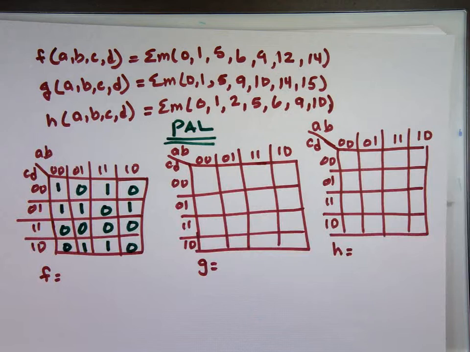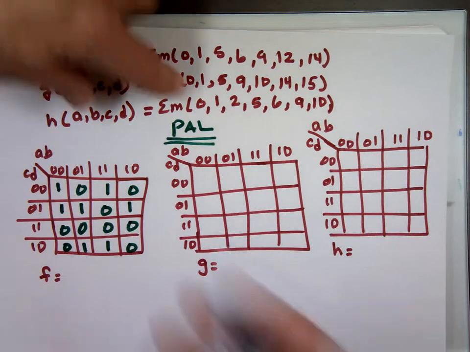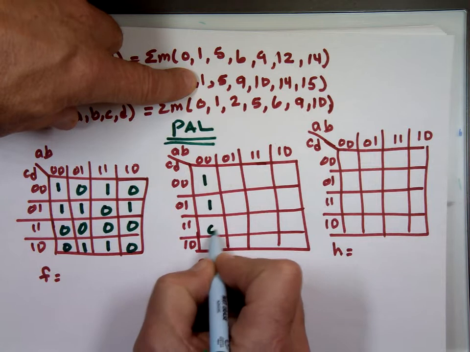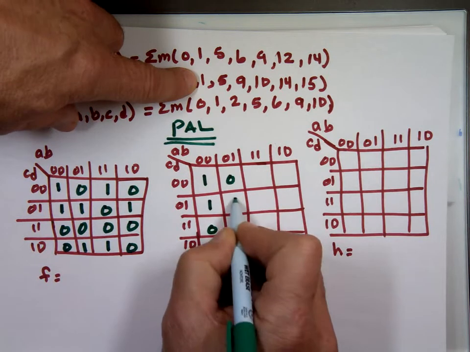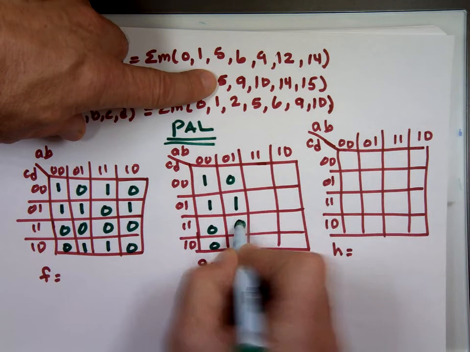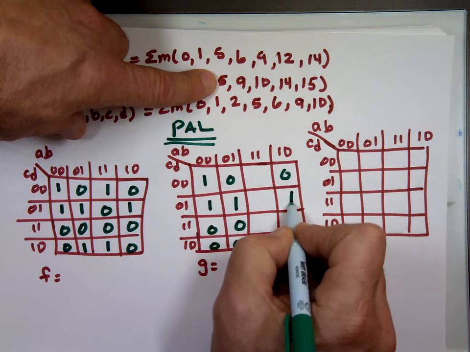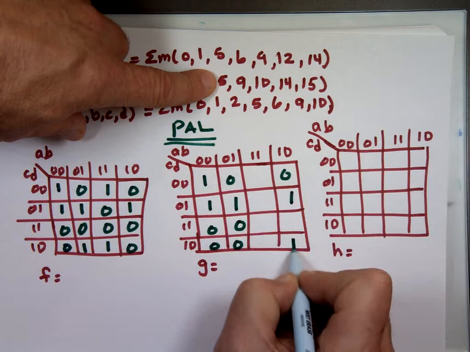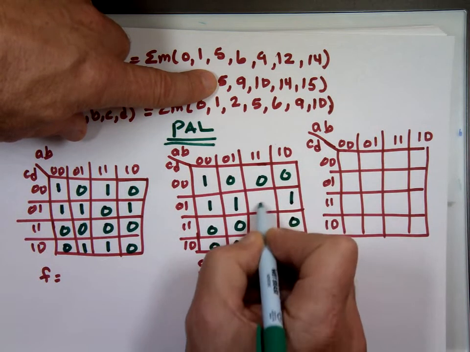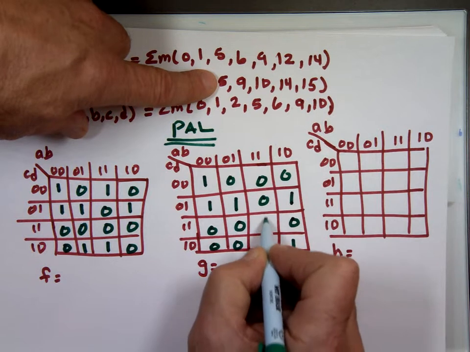Let's look at G. I have a 1 at 0. 1, 2, 3, 4, 5, 6, 7, 8, 9, 10, 11, 12, 13, 14, 15.